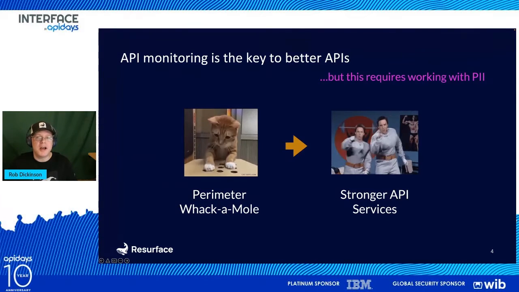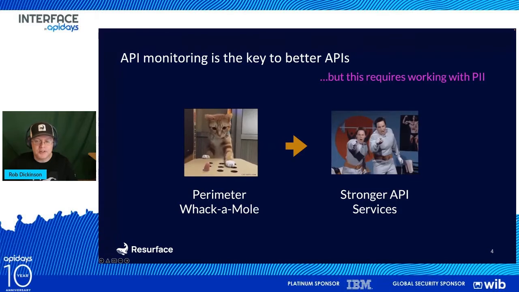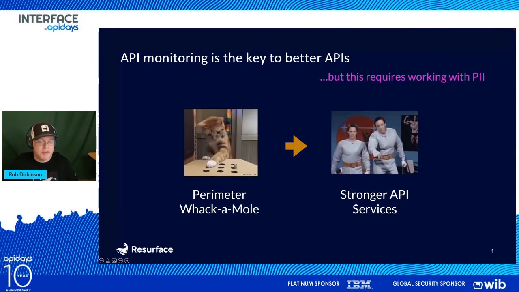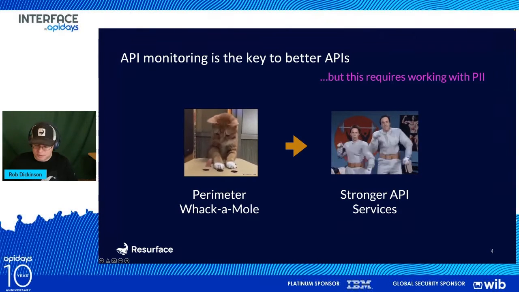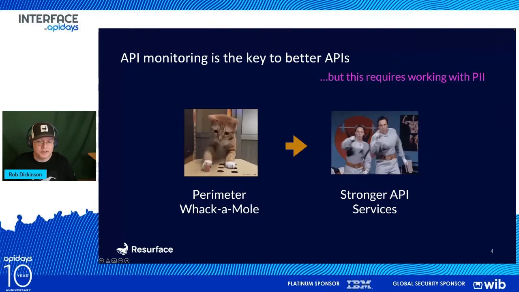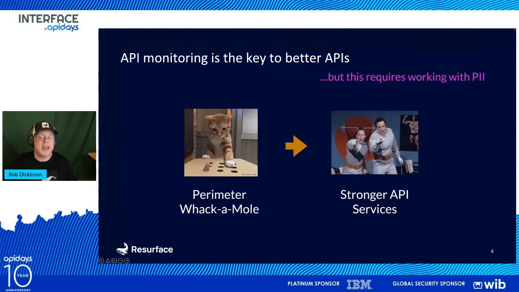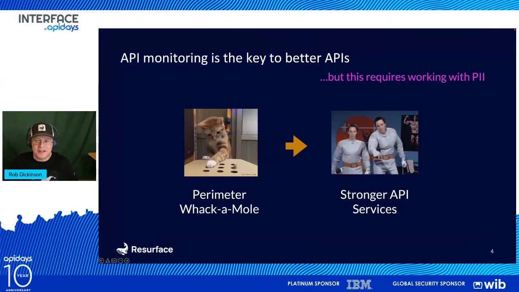Not just the PII that's involved in the actual transactions, but the PII that's involved in the observability and everything that you need to run your systems effectively, also to be able to identify attackers. So you really can't do APIs without working with PII at some level.